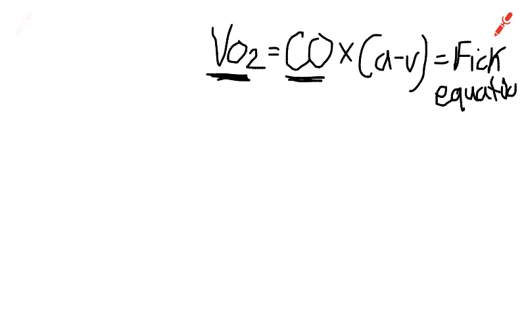So say during one heartbeat you pump out 20 units of oxygen in this cardiac output. Your body only takes up some of that. It doesn't take up all of it. So the higher your VO2 is, the more efficient your body is at using oxygen.